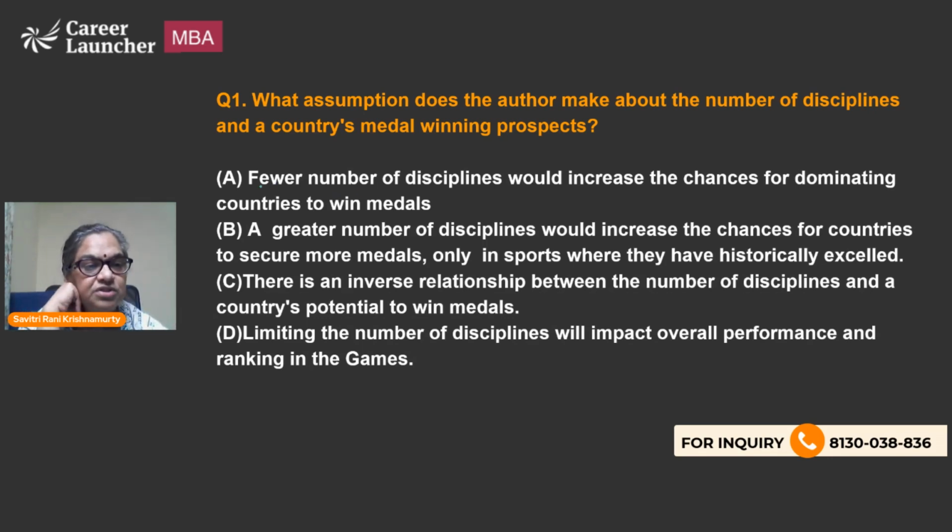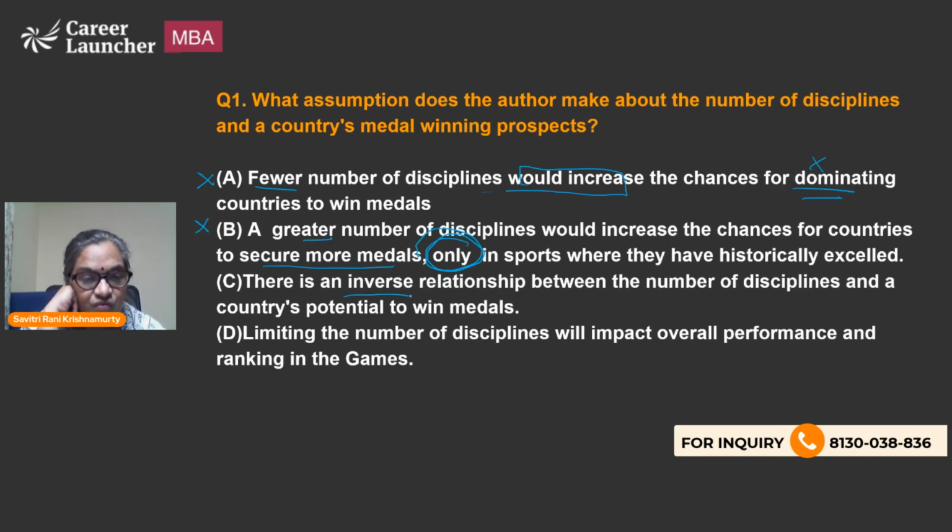Let's look at the options. Fewer number of disciplines would increase the chances of dominating countries. He has not mentioned dominating countries, so this is not correct. A greater number of disciplines would increase the chance for countries to secure medals, true only in sports in which they have historically excelled. He has not said that.